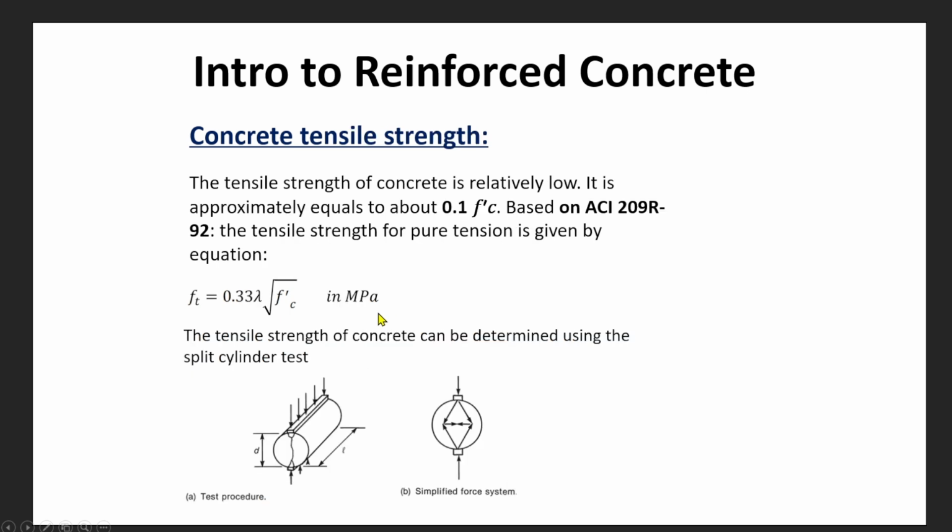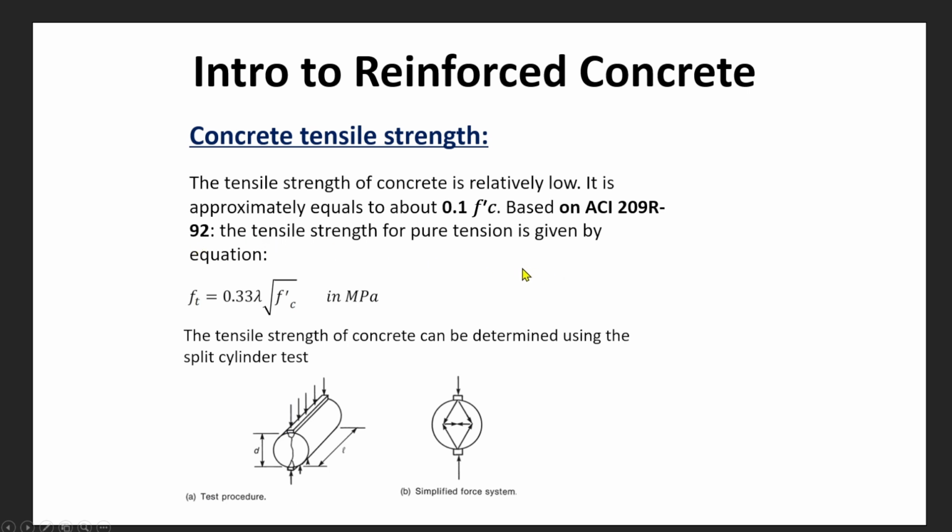The concrete tensile strength. As we said, concrete is good in compression, but it is weak in tension. The tensile strength of concrete is relatively low, approximately equal to 0.1 FC prime based on the ACI code 209 or 92.